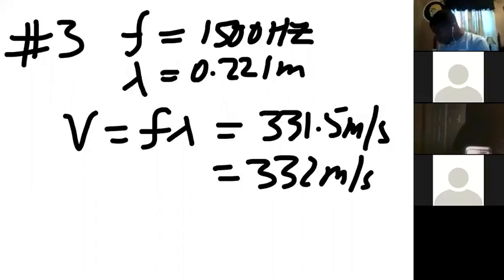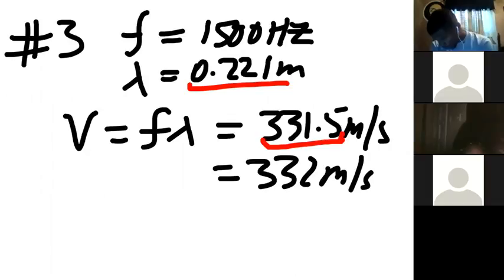Okay? So always pay attention to the significant digits. This number has 3 significant digits. So when you use it in a calculation, the answer cannot have more than 3 significant digits. So you have to keep only 331.